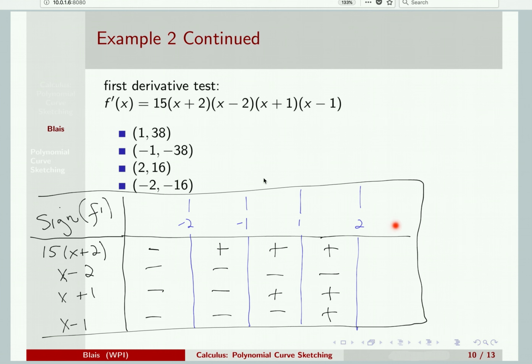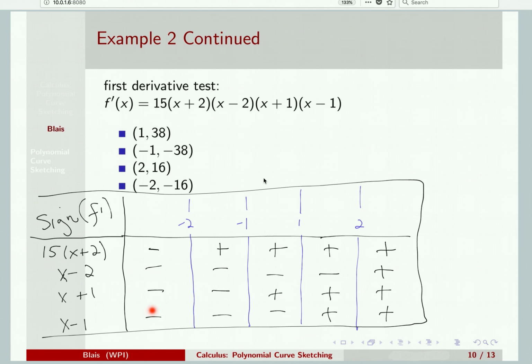And then finally, something above 2. Let's choose 3. 3 plus 2 is 5. That's positive. 3 minus 2 is 1. Positive. 3 plus 1 is 4. Positive. 3 minus 1 is 2. Positive. Now we can work our way up through multiplication.